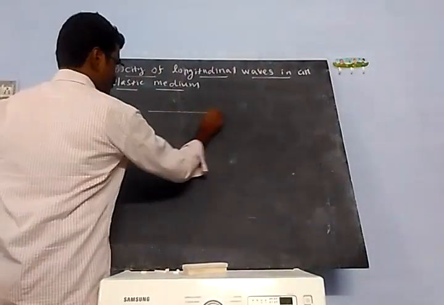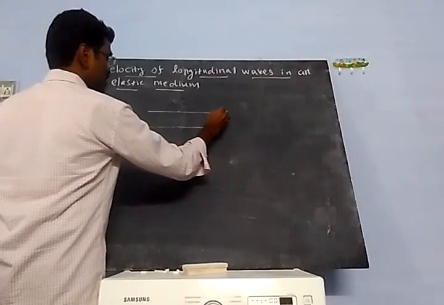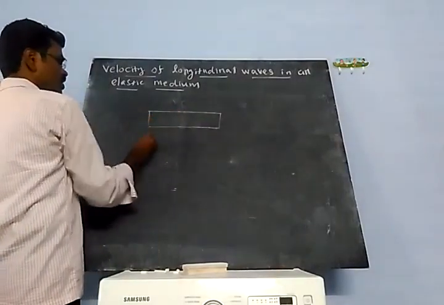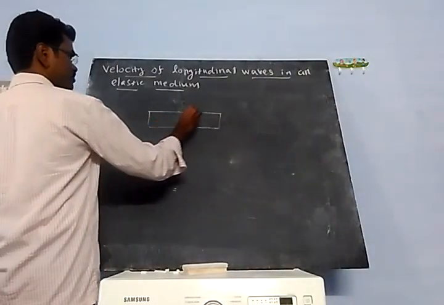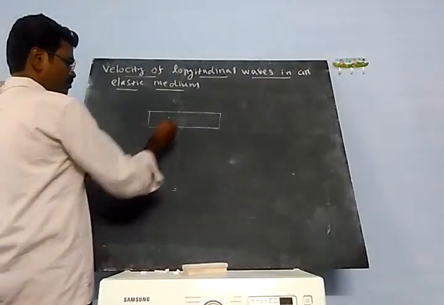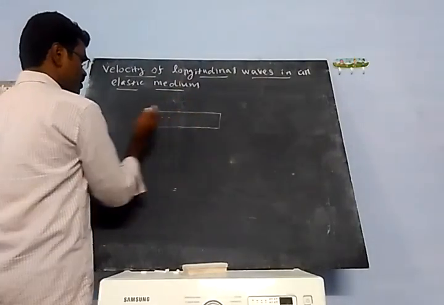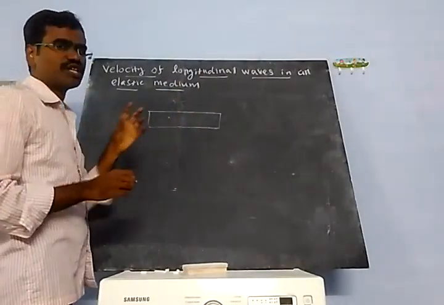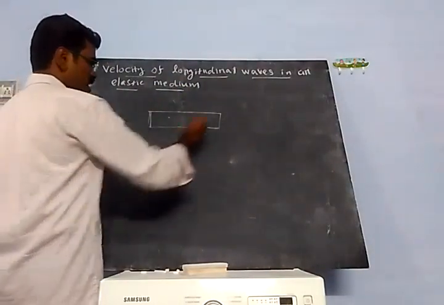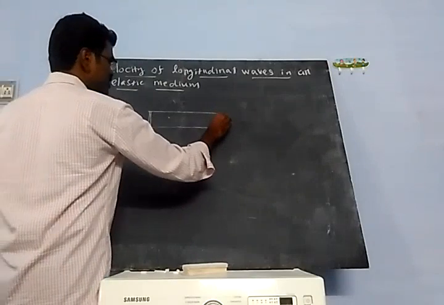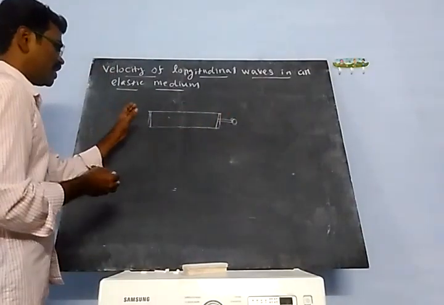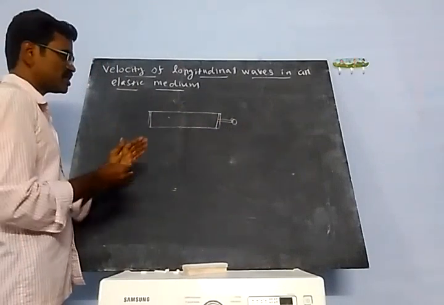So consider one piston or cylinder. This cylinder contains some liquid or air, whatever it may be, and this will be producing longitudinal waves. One end is producing longitudinal waves and the other end is fixed with a piston.